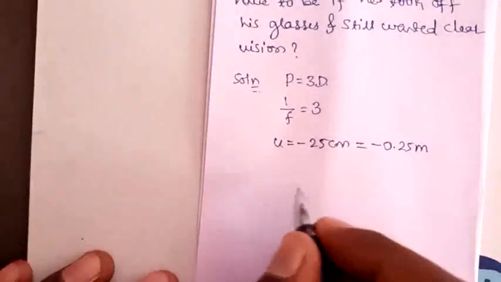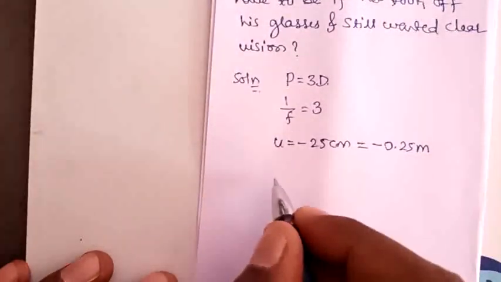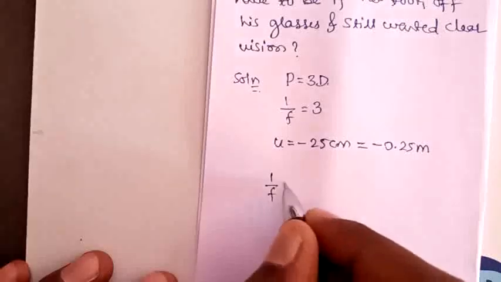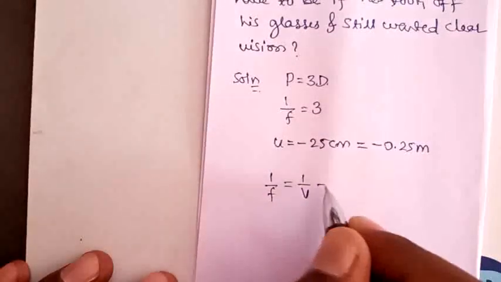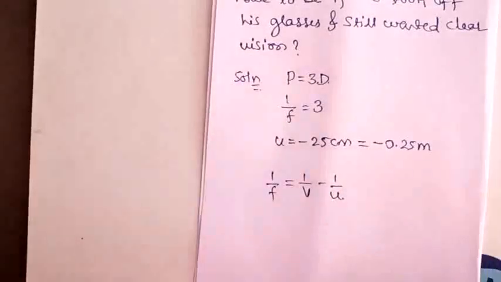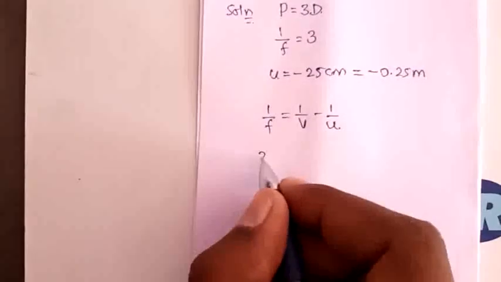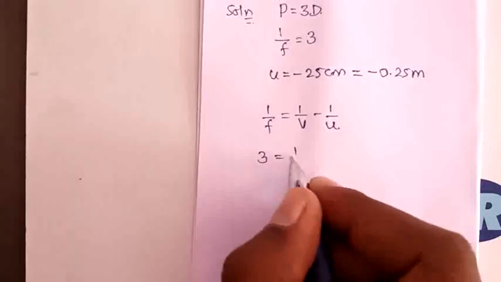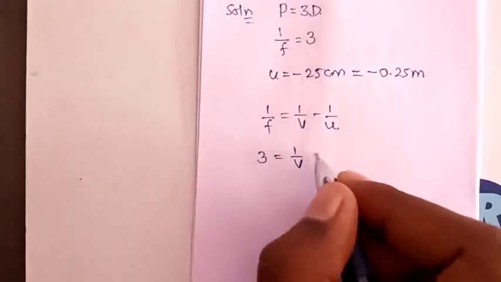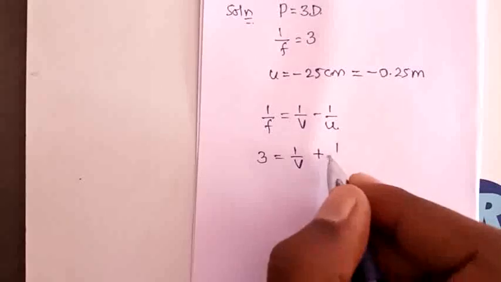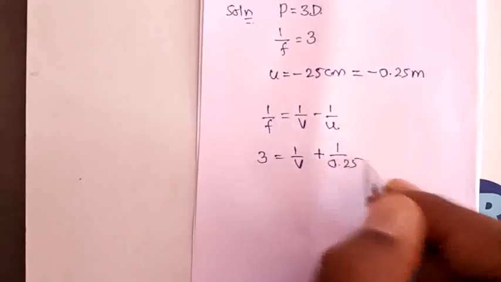So that can be determined by using the lens formula, that is 1 by f is equal to 1 by v minus 1 by u. Then substitute the values here. Then 1 by f is nothing but 3, then 1 by v, then minus of minus is plus 1 by 0.25.